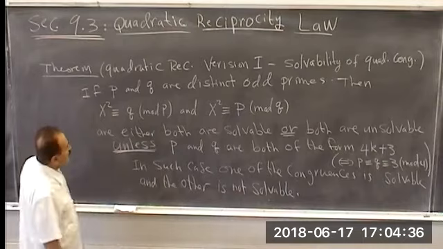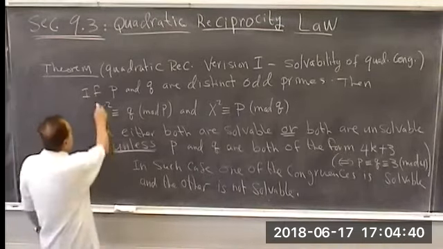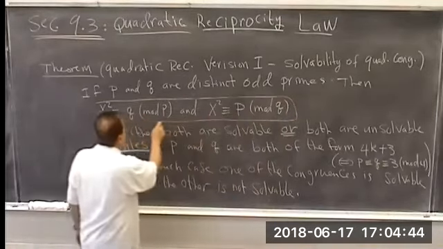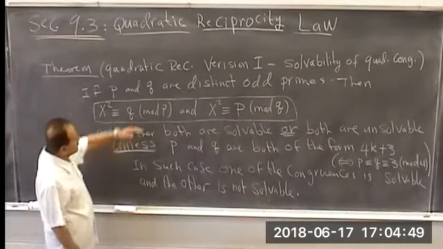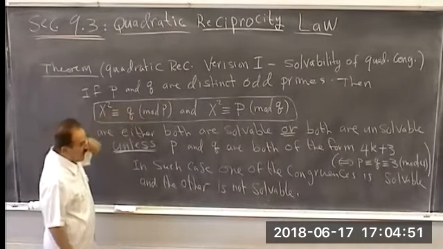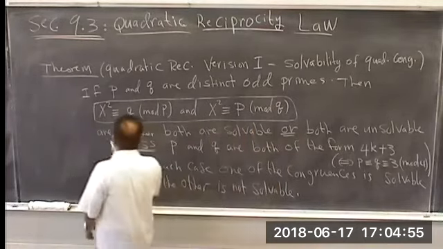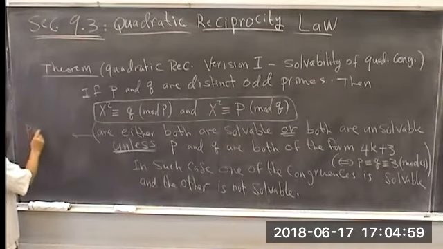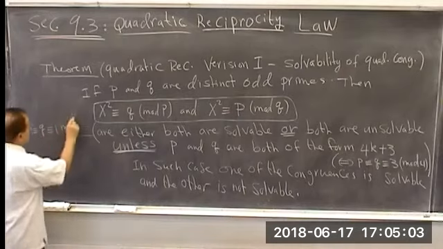All right? So in this version of the quadratic reciprocity, we have these two special types of reduced quadratic congruences, and we say that if P and Q are primes, then in order for the first portion to be satisfied, this means that P and Q are congruent to 1 mod 4.